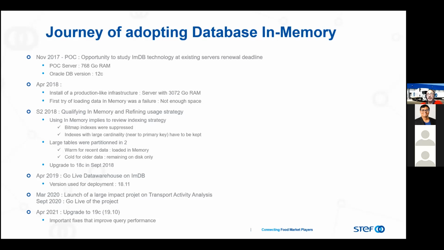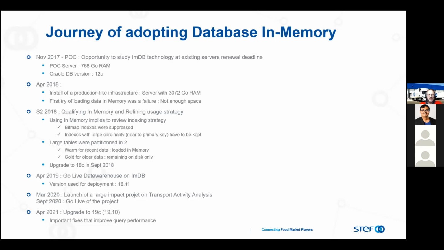disk. We also reviewed our indexing strategy, because when you want to deliver full self-service to your users without in-memory, you need to create a lot of indexes, and especially in BI, bitmap indexes.